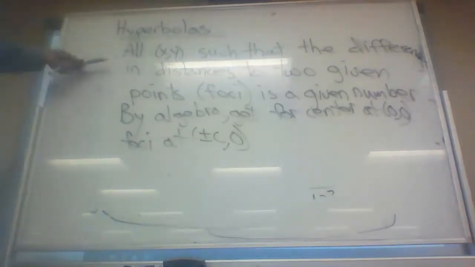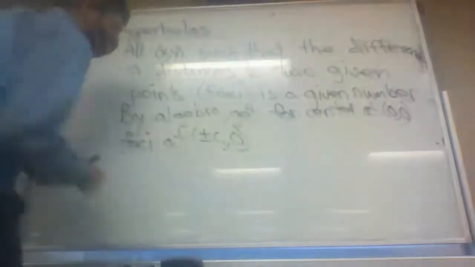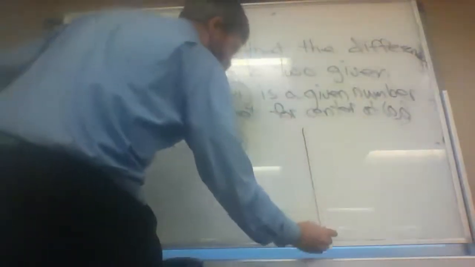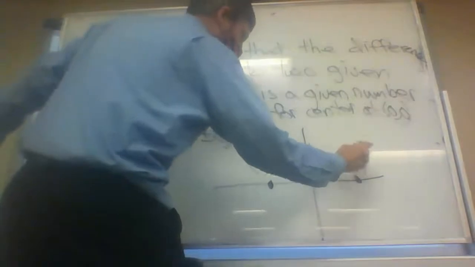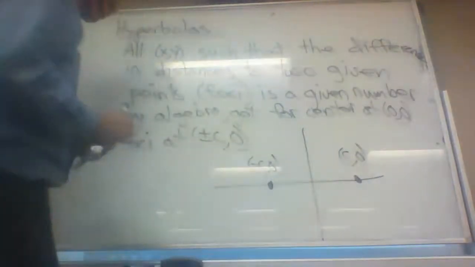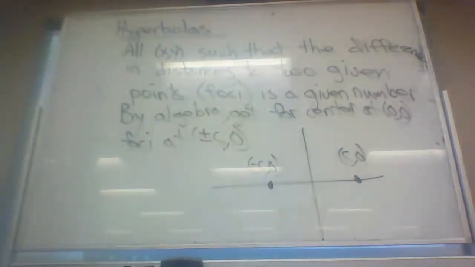We'll call that the standard position for it. If you put the center at the origin again, foci plus or minus C, but now you demand the difference in the distances be a constant, you get this kind of a picture. Here's the xy axes. Here's the foci, minus C,0, plus C,0.